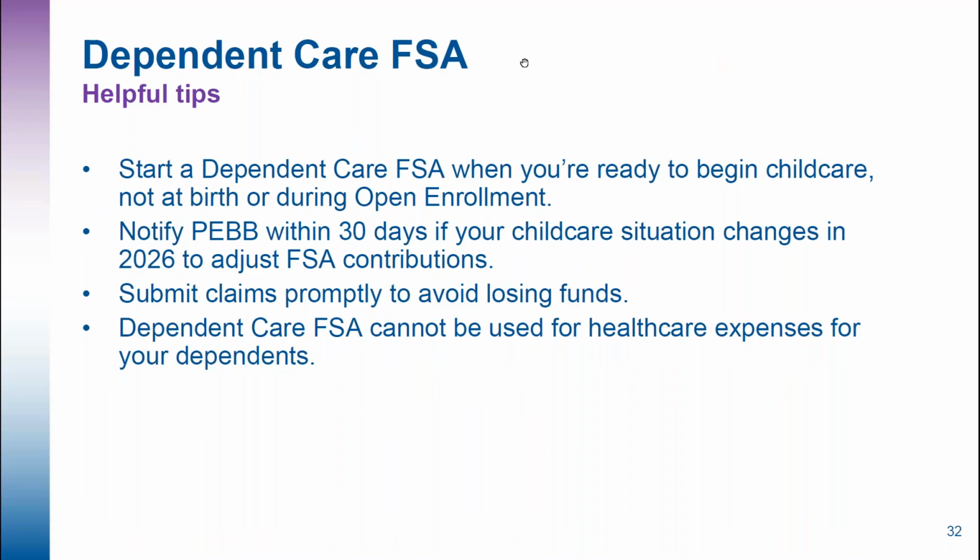Let me give you some examples. We have a lot of people where the child goes to school. So in June, July, August, the daycare situation goes full time because it's not before and after school care anymore. It's full-time daycare. So you might want to do a qualified status change in May or June to say my daycare costs are going to go up.